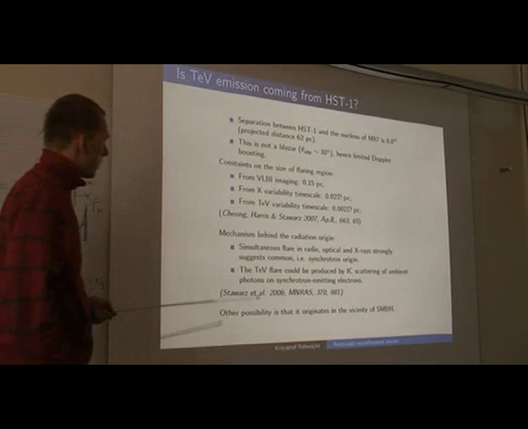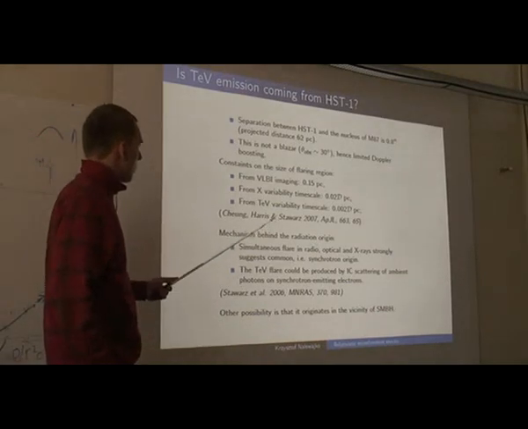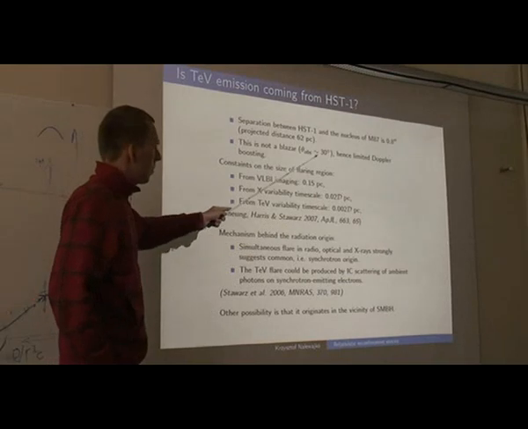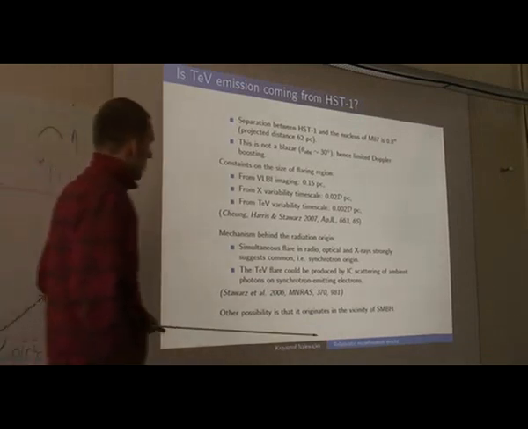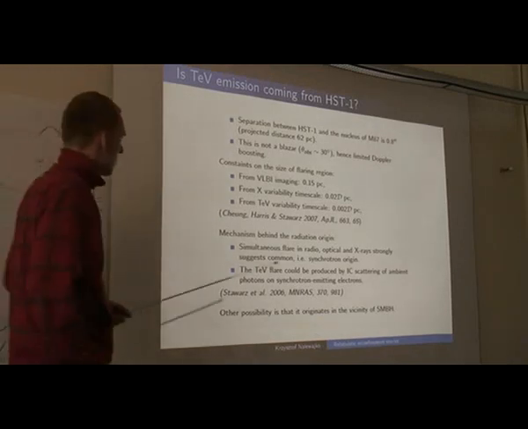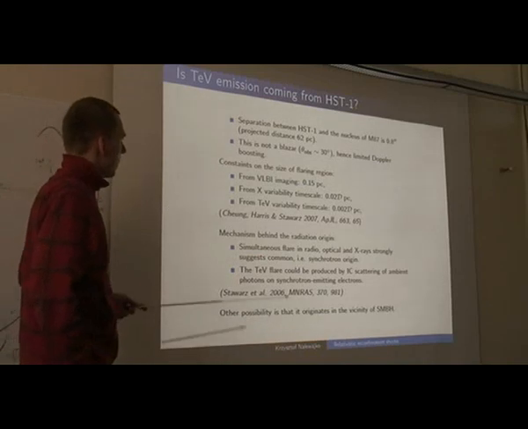To have a high Doppler boosting, you need to have an inclination angle which is comparable to 1 over the Lorentz factor. So it's not really the case here. Okay, so we have different constraints on the size of the source.